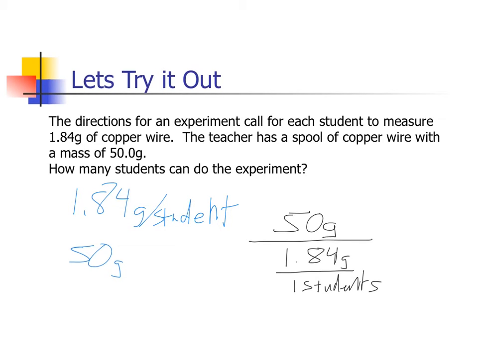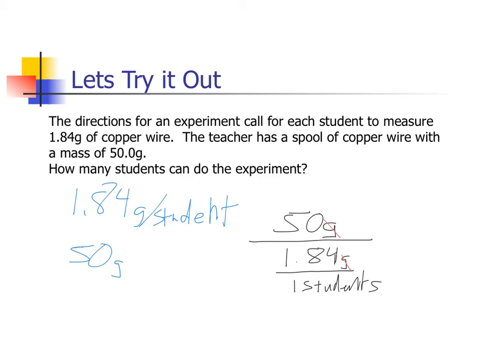We can see that actually our grams will cancel out algebraically, leaving us with just students. But now if we use our understanding of multiplication and division with fractions, we'll see that the students goes from a denominator's denominator to the numerator spot. So the number that I get is 50, because that's actually easy to do, divided by 1.84.